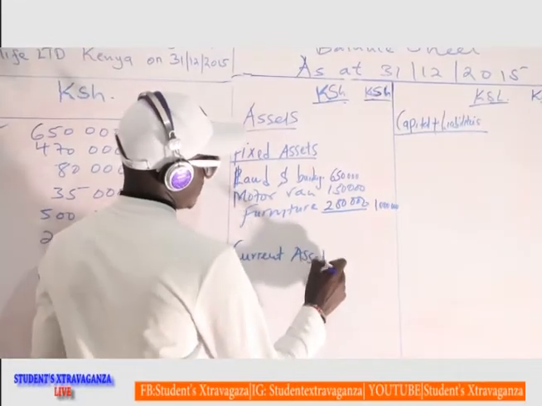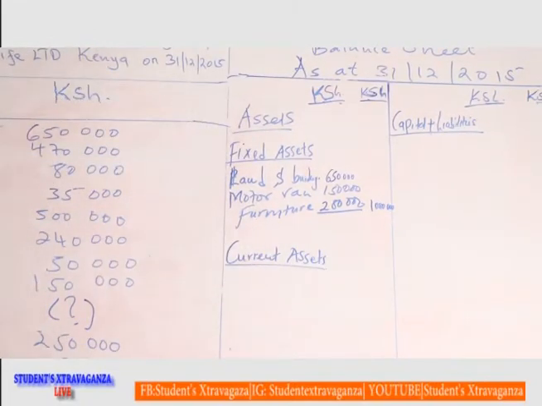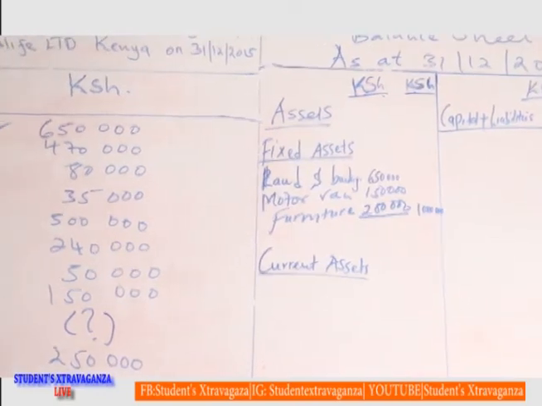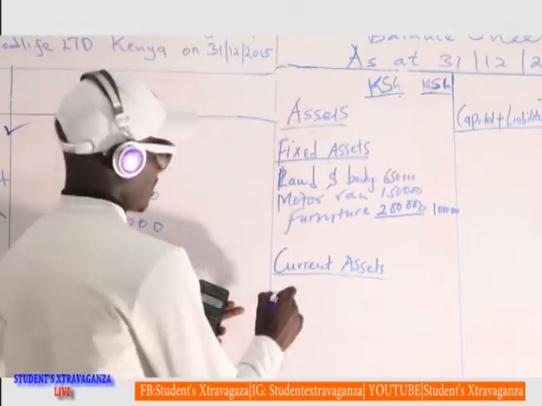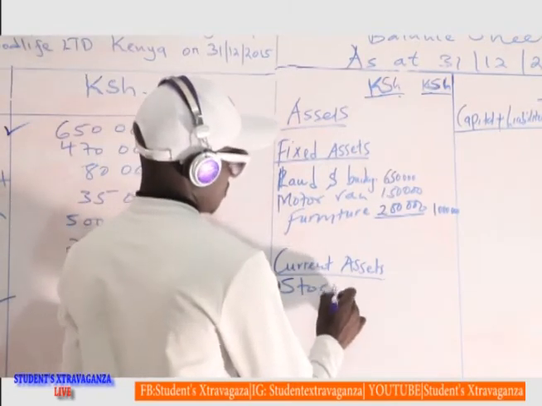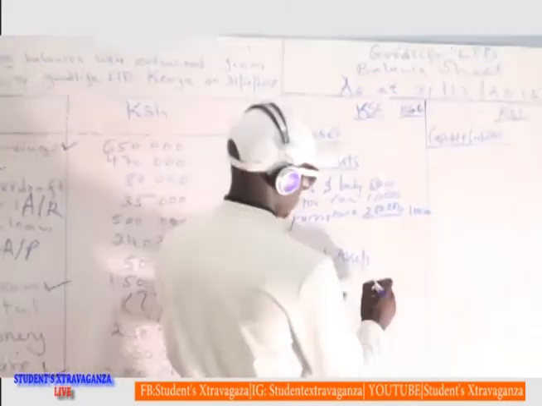Current assets are easily converted to cash within the next period. So we have stock of 470,000.